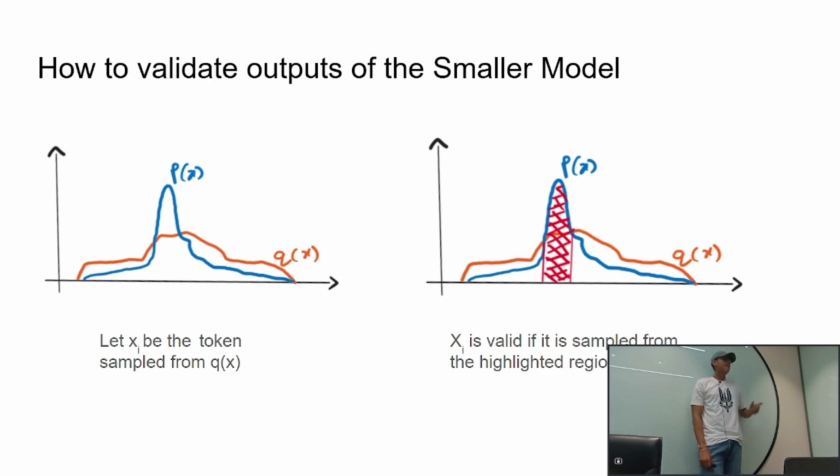If I sample my token from this shaded area, then I am sampling something which has a high probability in p, and also a high probability in q. That means both the small model and the large model are confident about sampling this token. So this is the area from which I should sample my token.